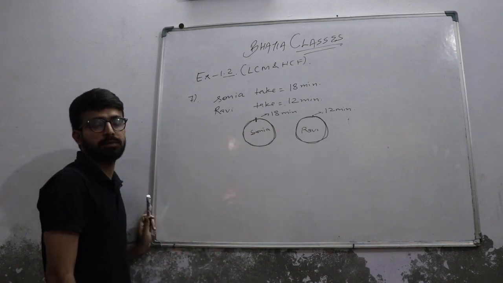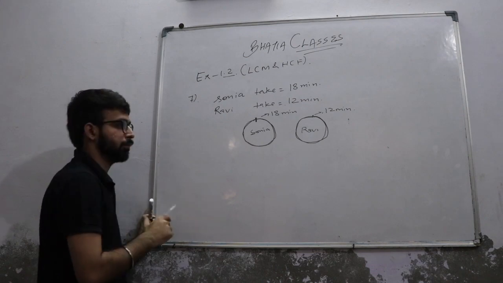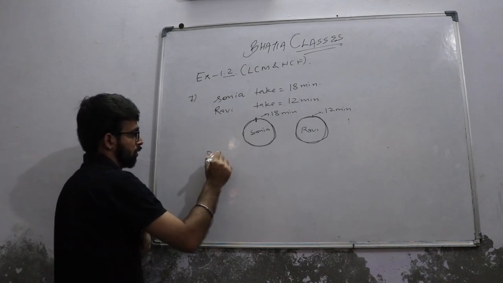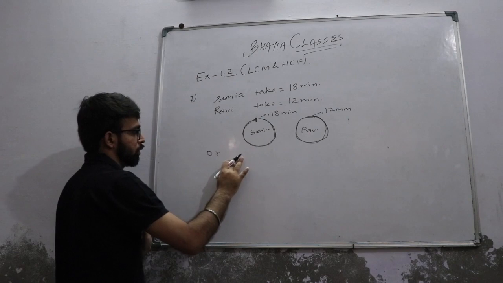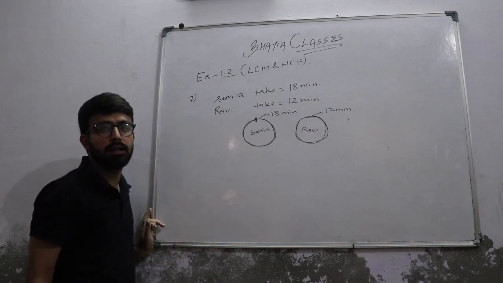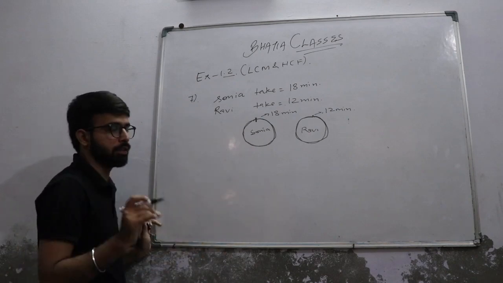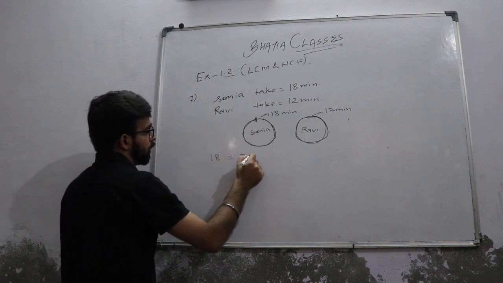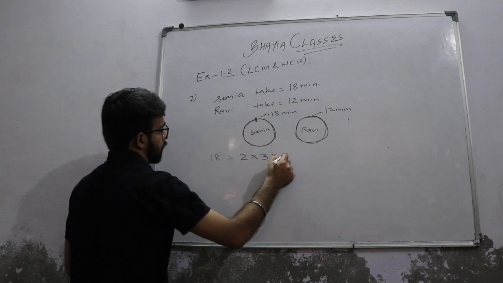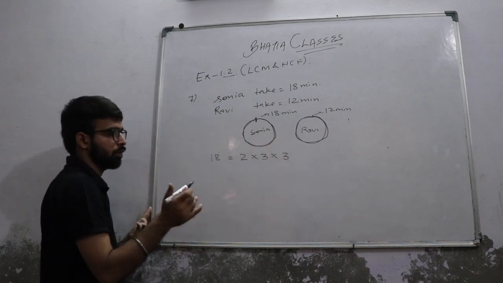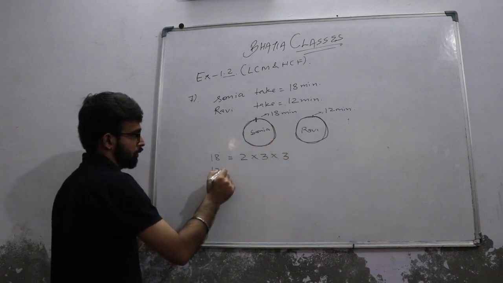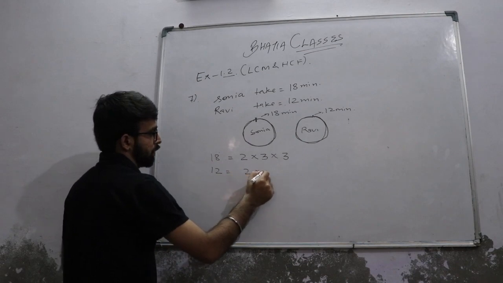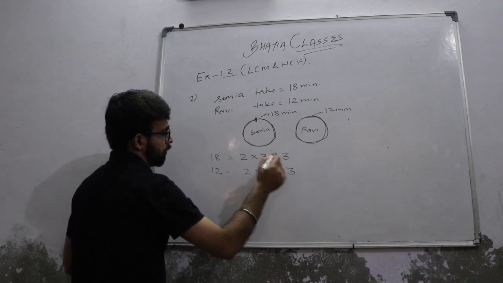This can be explained by LCM, or you have to find the LCM of these two numbers. 18 is equal to 2 multiply 3 multiply 3. You can do it on your own. 12 is equal to 2 multiply 2 multiply 3.